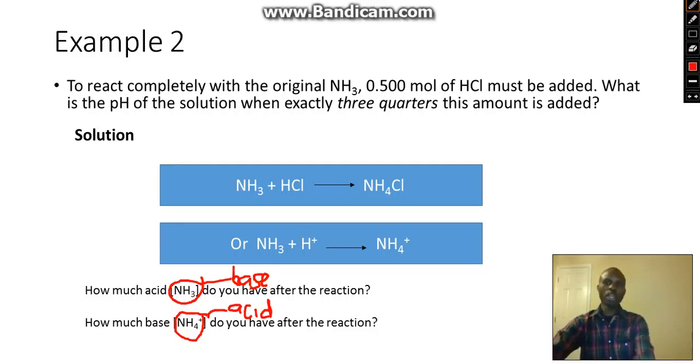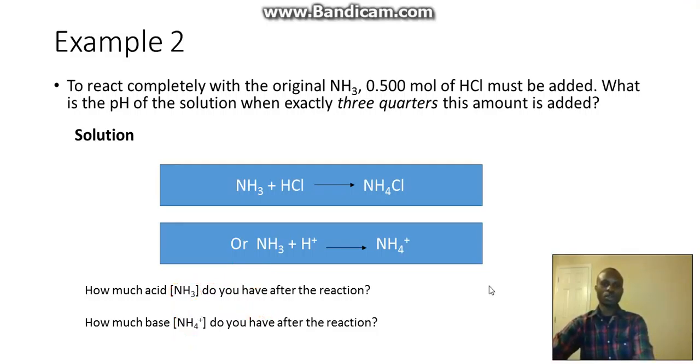So in this case we have the base, we have 0.125 molar because 3/4 of this is 0.375. So 0.375 of acid has reacted with this one to form 0.375 of the NH4+, which is the conjugate acid.